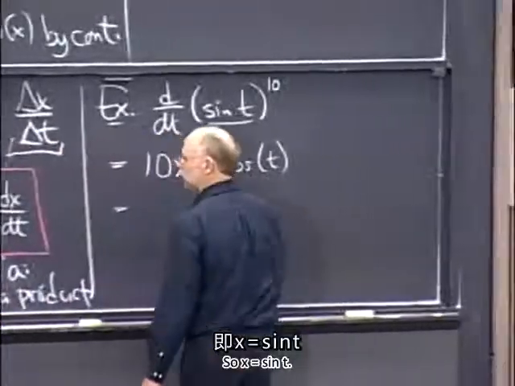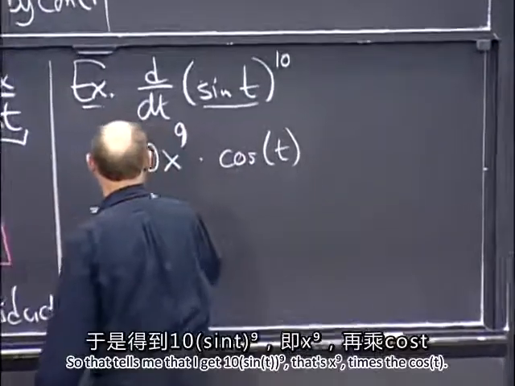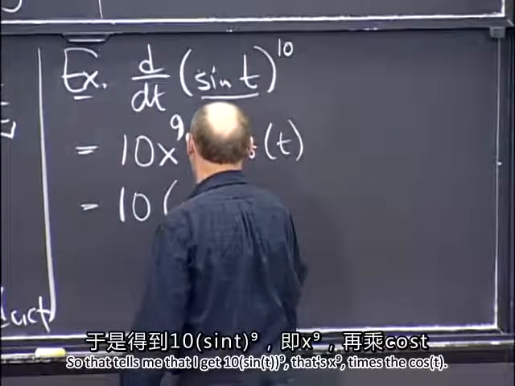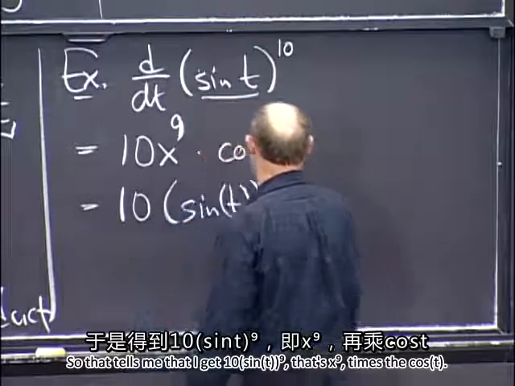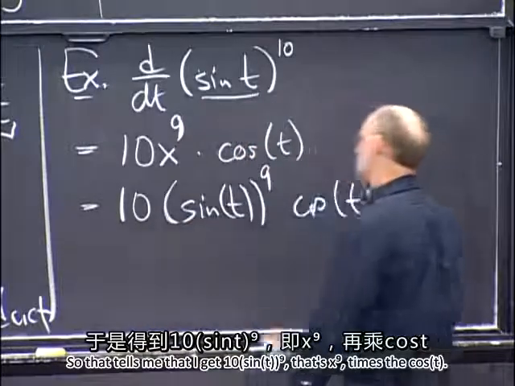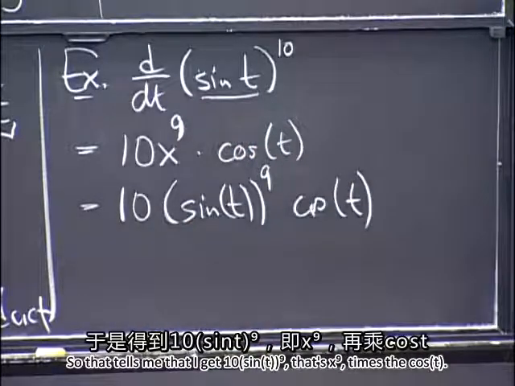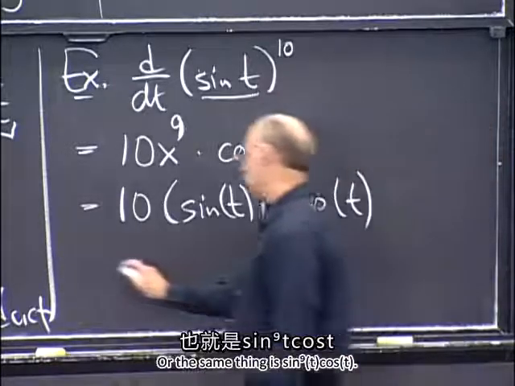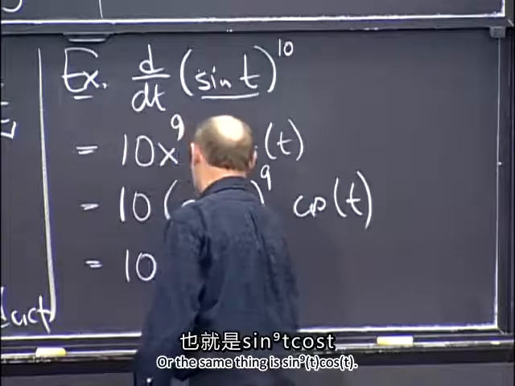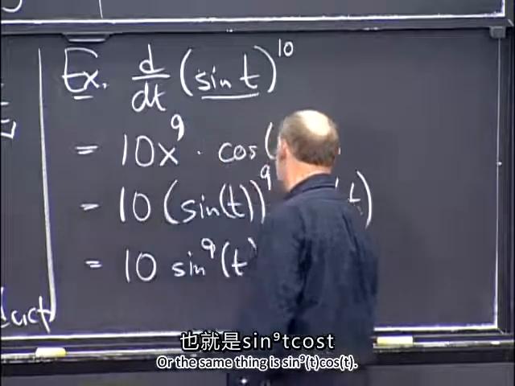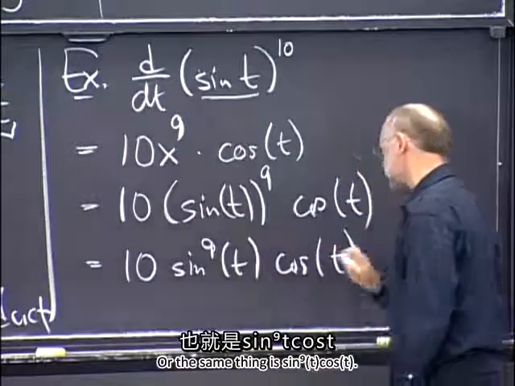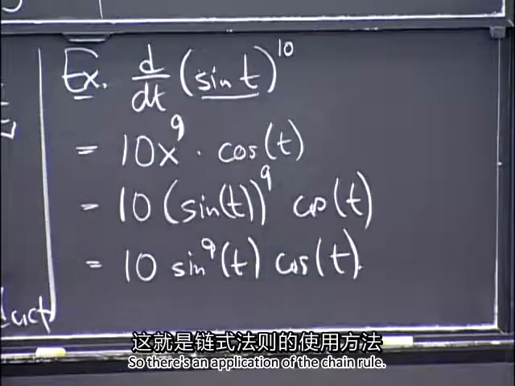So x was sine of t, so I get 10 times sine of t raised to the 9th power, that's x to the 9th, times the cosine of t, or what's the same thing, sine to the 9th of t, cosine of t. So there's an application of the chain rule.